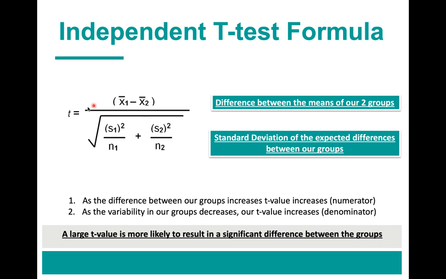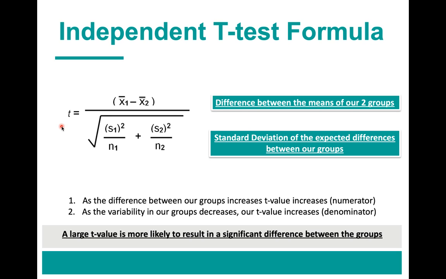And because this is basically a fancy fraction, right, numerator and denominator, the resulting value, our t-value, the larger our t-value, the larger the difference between our groups, and the more that difference exceeds our expectations.